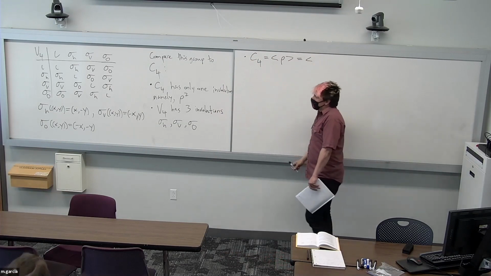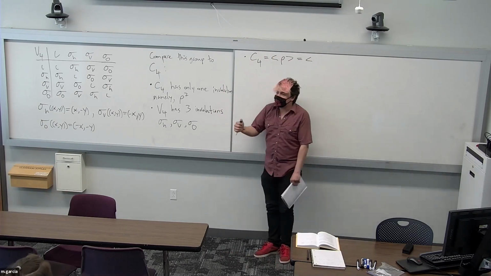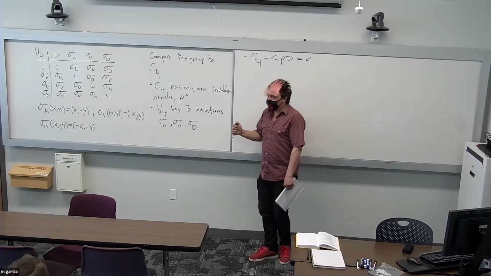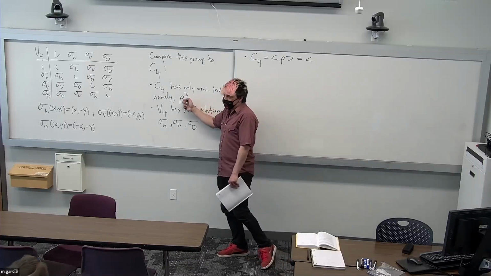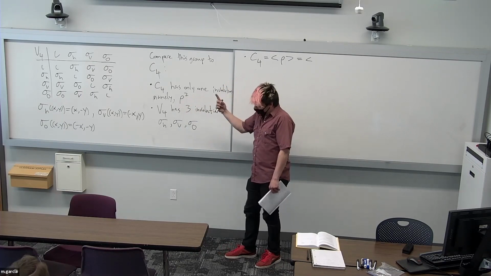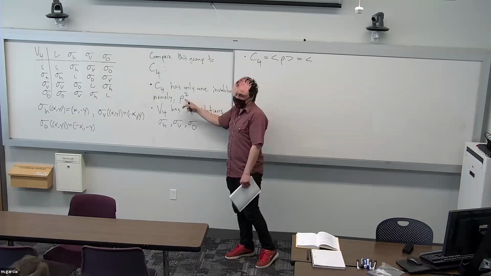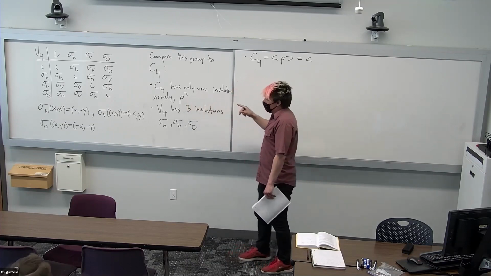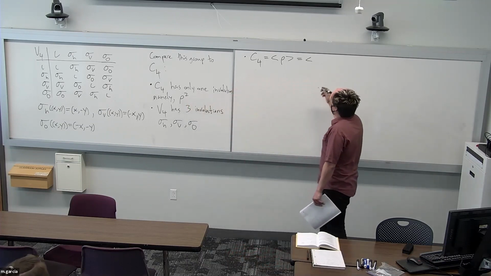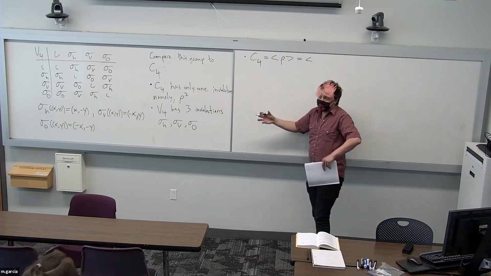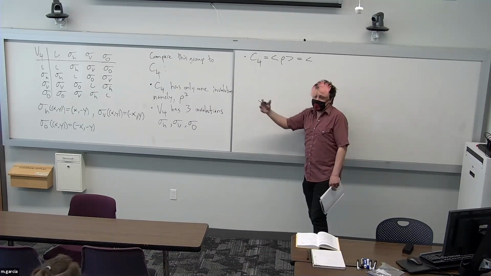Yeah, obviously iota does not generate C4 because the powers of iota are just iota. Furthermore, rho squared, we just said, is an involution. So we would only get a group of order 2 if we looked at the group generated by rho squared. If you look at rho cubed, the only remaining element of C4, and look at successive powers of that, you get all the elements of C4.